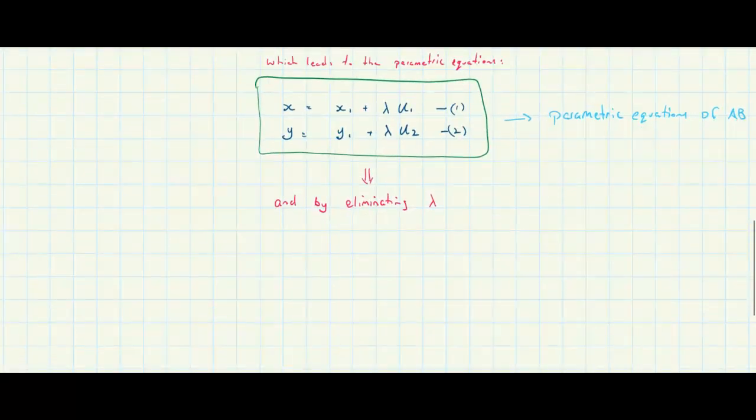From equation 1, we get that lambda is equal to x minus x1 over u1, and equation 2, similarly we get that lambda is equal to y minus y1 over u2.